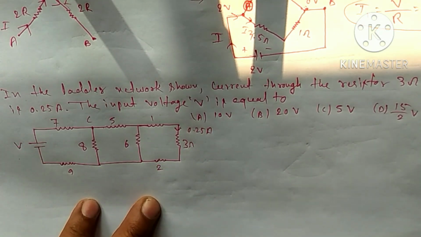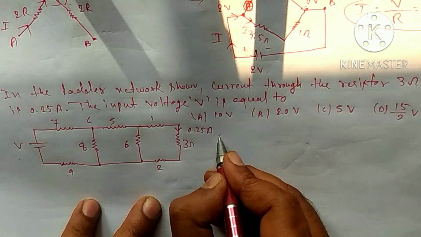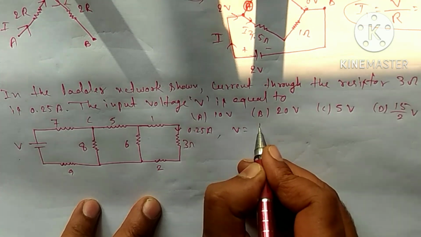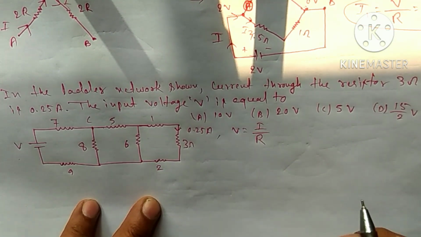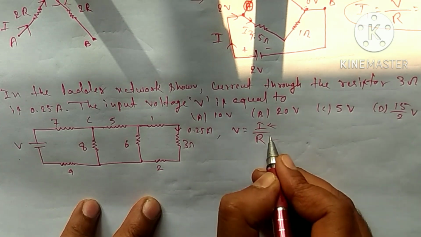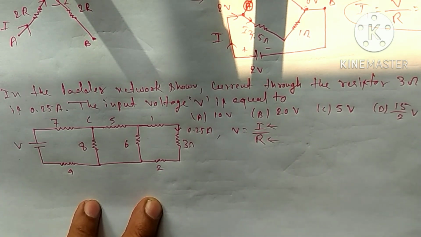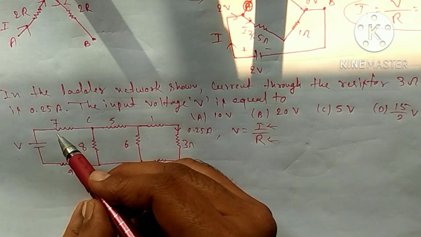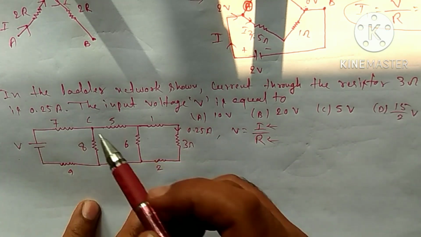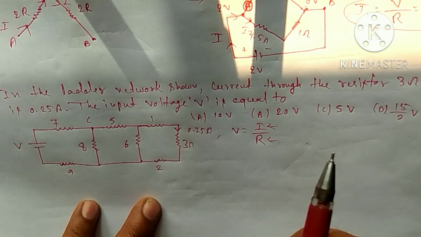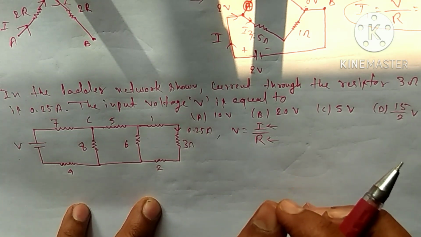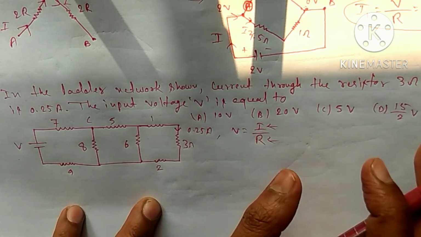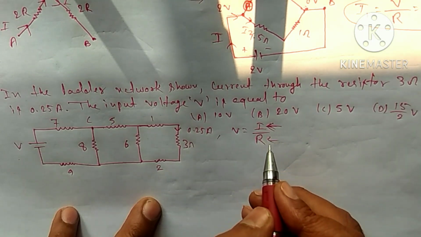To find the voltage V, we need I and R. I is the current and R is the resistance. But we don't have any idea how much total current flows. We can easily find the total resistance by the help of nodal analysis, but how do we find the total current?